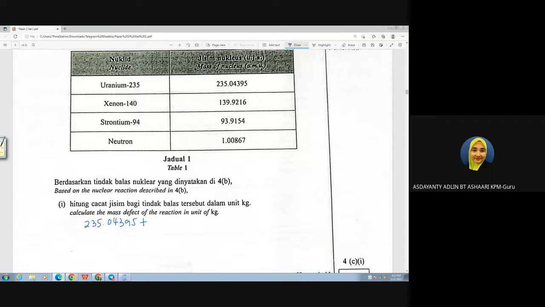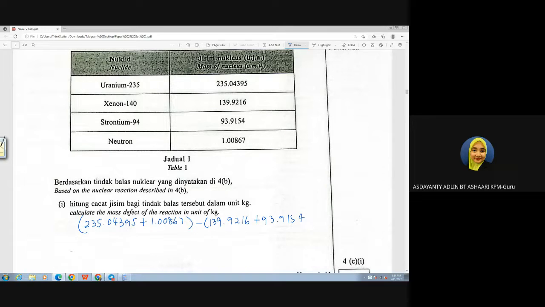Neutron, kan ada sebiji neutron. So the neutron 1.00867. This is before reaction. Minus after reaction. So minus after reaction, dia jadi xenon. What is the mass? 139.9216 plus strontium 93.9154.